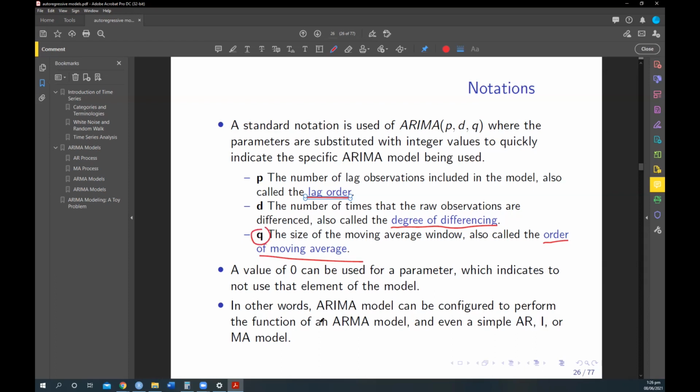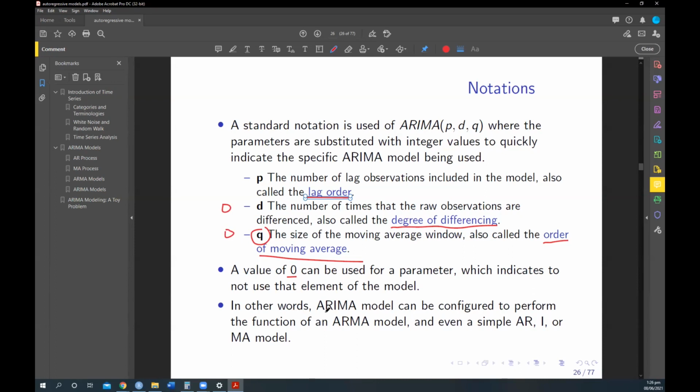So a value of 0 can be used for parameters. It can actually be 0. It means that we'll just have a random noise or a white noise, or it can also be a random walk model. A 0 indicates to not use that element. We can also not difference if it is 0, and we can also not use moving average if it is 0.